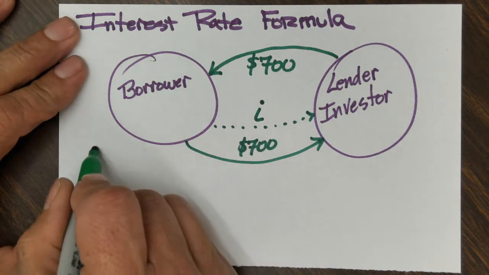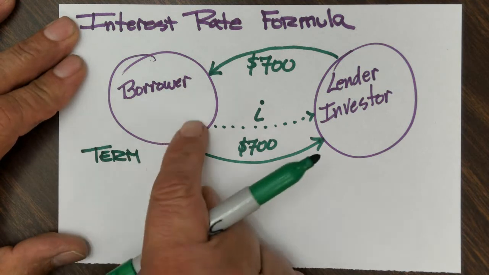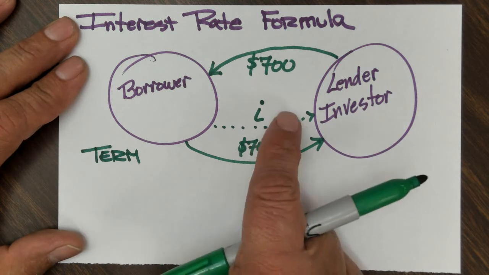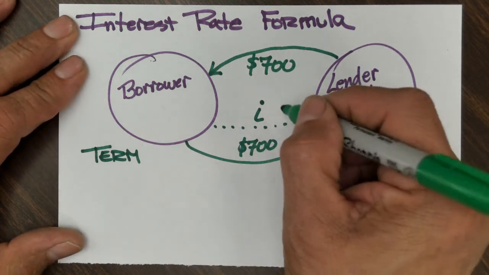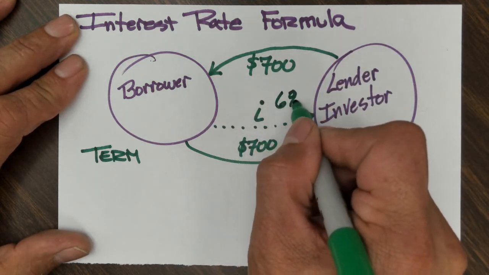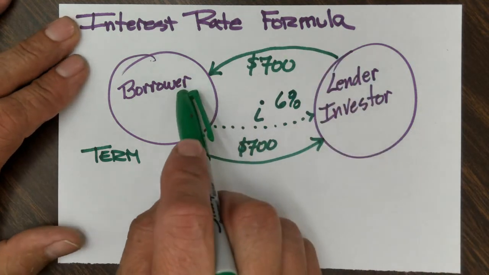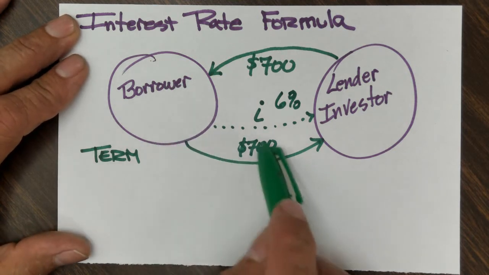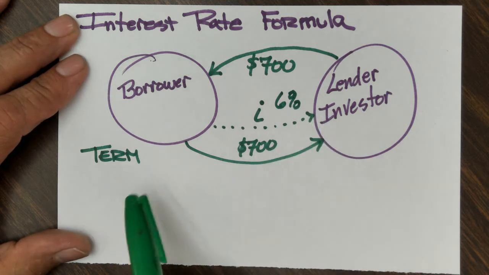There's a word called a term. And this is what the borrower and lender agree upon, how to pay this money back and how much interest to charge. In this example, I'm going to say that they have agreed upon 6%. So what this says is the lender will give the borrower $700 and the borrower will pay back the lender $700 plus 6%.